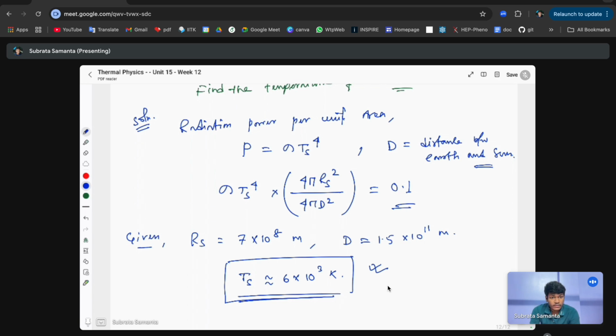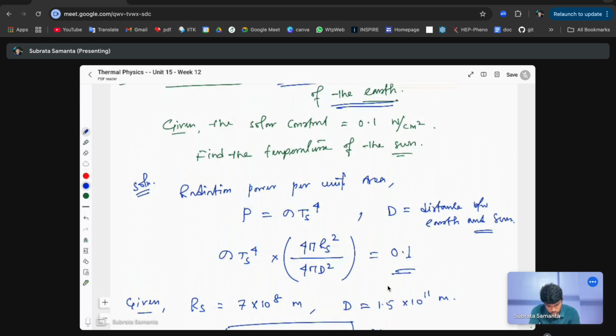Please feel free to ask any questions if you have. Right, so this Rs is basically your radius.